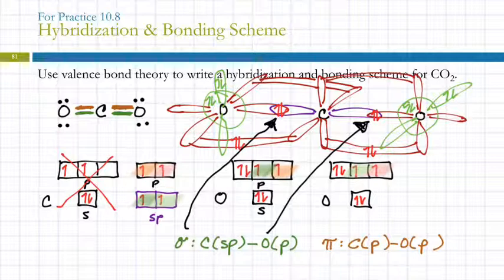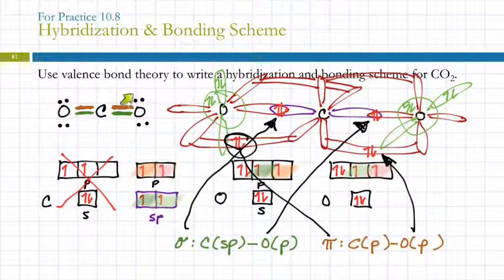And our pi description applies to this bond and that bond. So our Lewis structure shows 4 bonds, and we've got 4 bonds in our picture here too. If it pleases you to write this again because there's 2 of them, I'm fine with that.